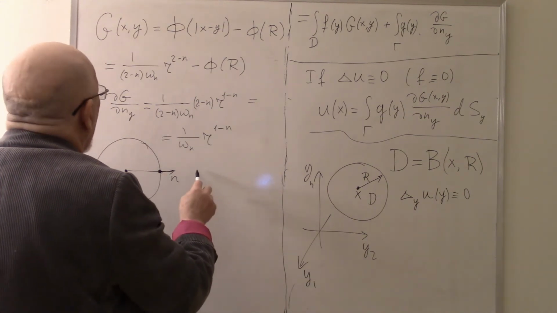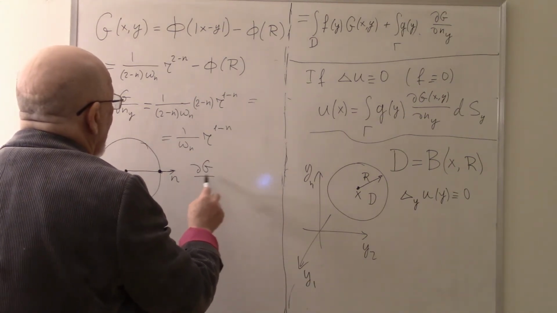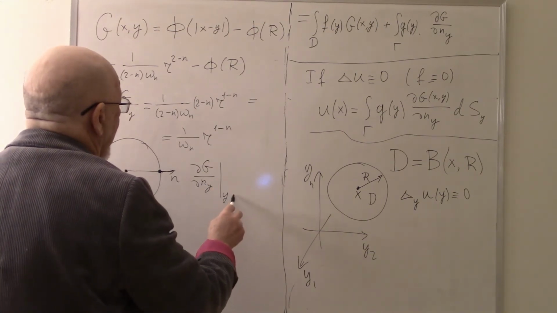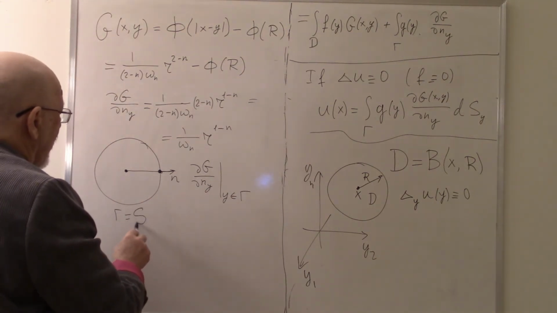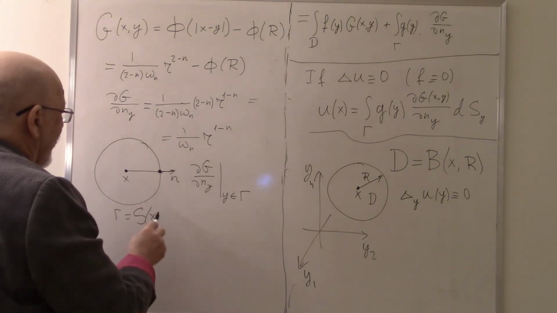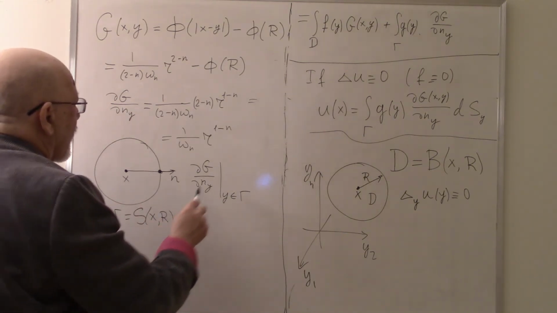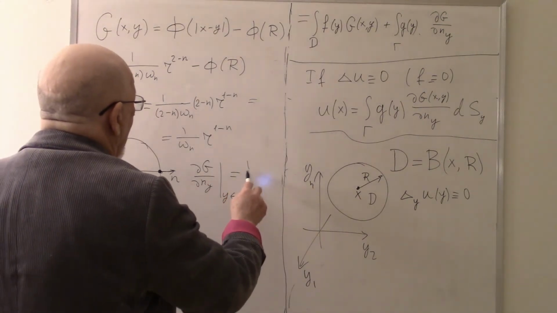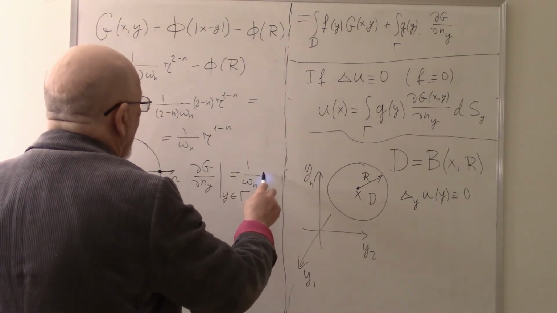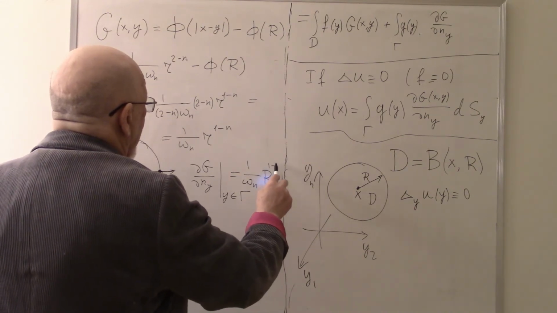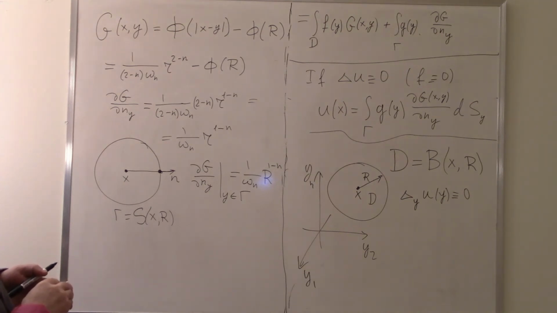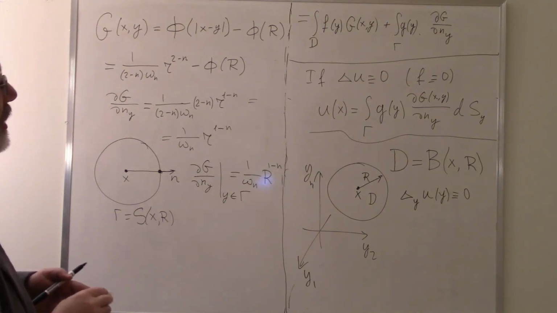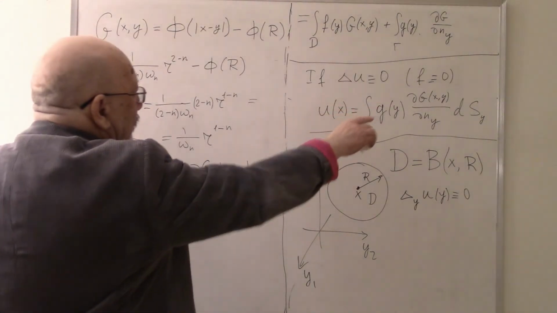Now, dg d n y on the gamma. Gamma is a sphere with center at the point x and radius r, equals 1 over omega n r to the power 1 minus n. And then let us look at what is here.